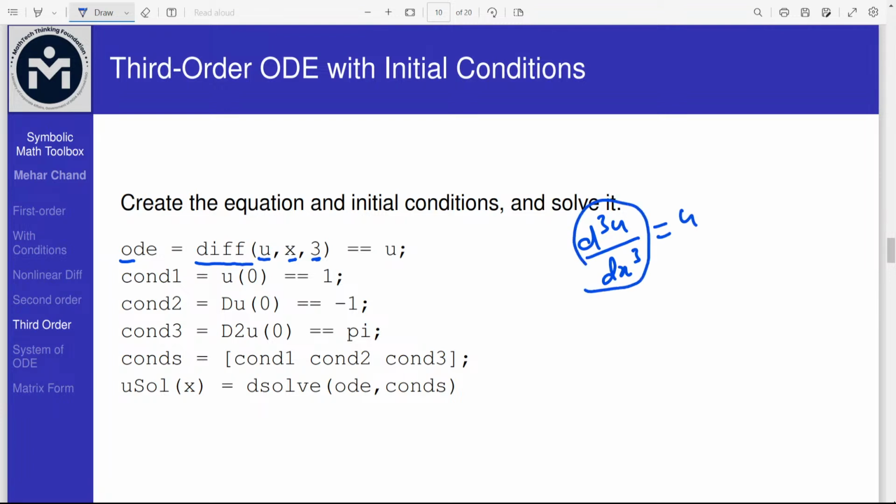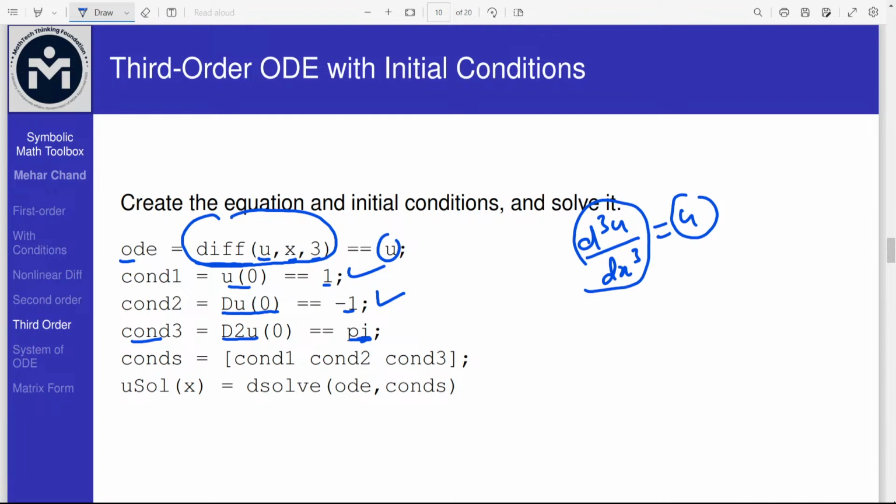Then the first condition, u(0) equal to 1, the second condition, du(0) equal to -1, and the third condition, d2u(0), the second order derivative we defined on the previous slide, equal to pi. Pi is the syntax in MATLAB.